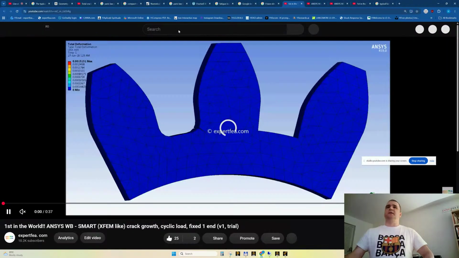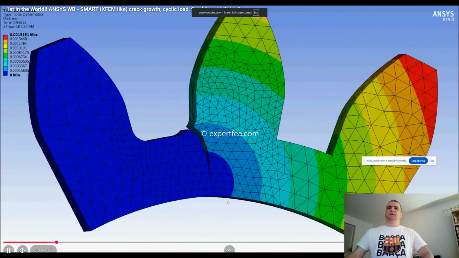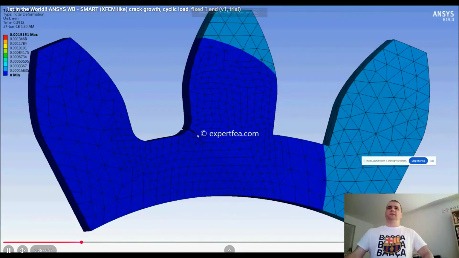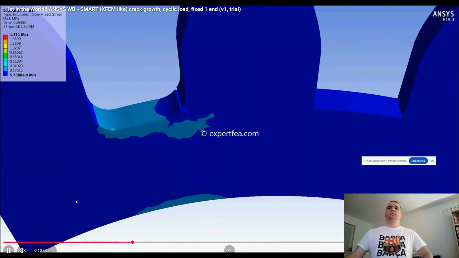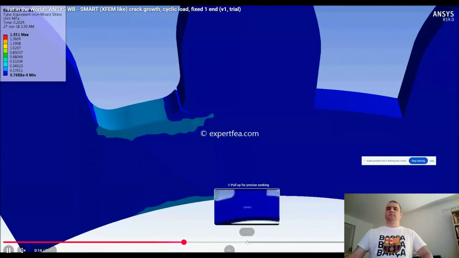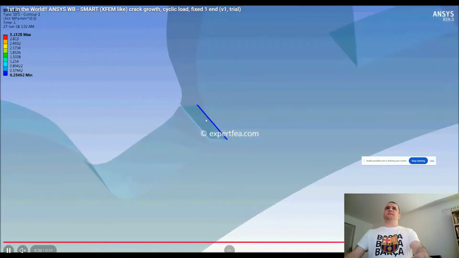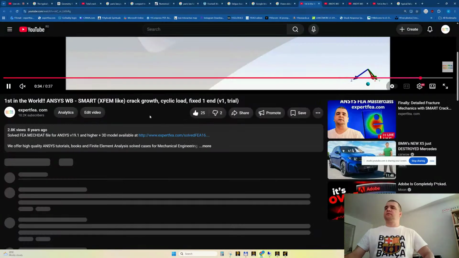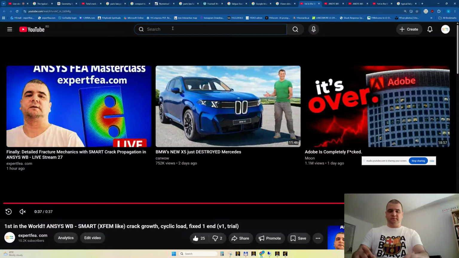Where was I here? Please remember to look on this FEA and see other values, other scenarios. What is this? This is one fixed end. It's not so nice.